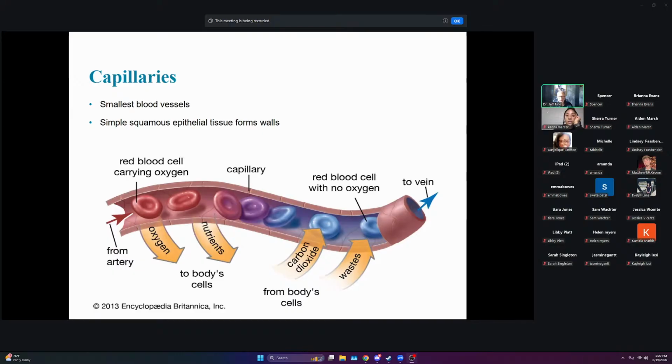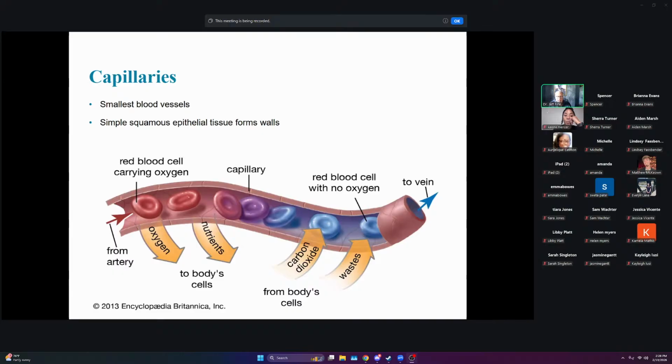They're paper thin, and anywhere where we have simple squamous epithelial tissue, the form meets function, meaning that these capillaries are designed and consist of only one layer of simple squamous epithelial tissue because it allows for osmosis and diffusion, the easy transfer of quality products from our plasma and our red blood cells, and then from the tissues and cells, the removal of waste through the capillary wall back into the plasma and erythrocytes.